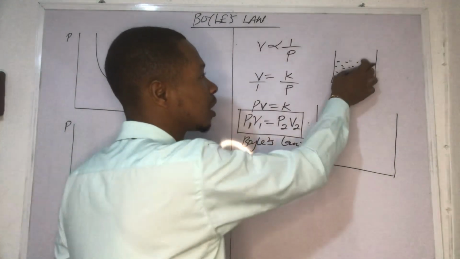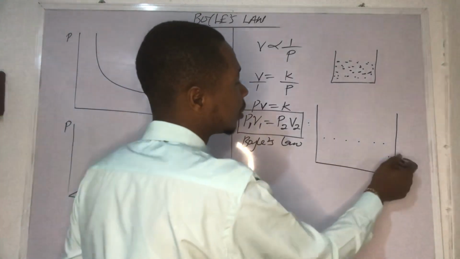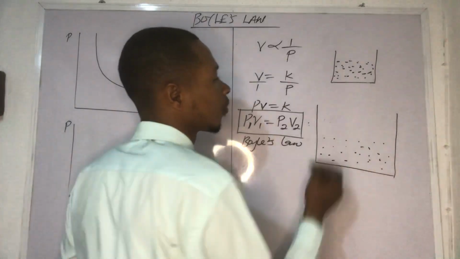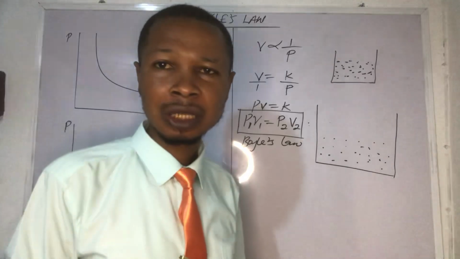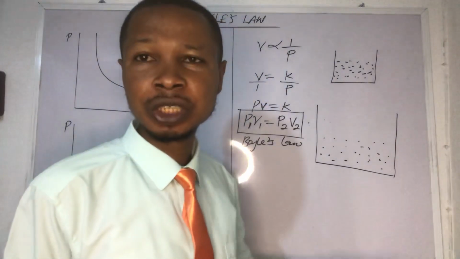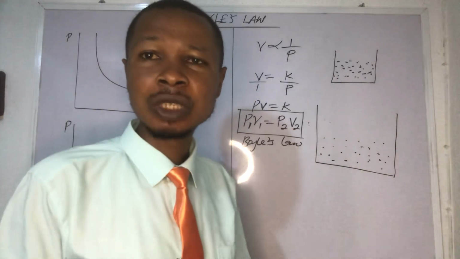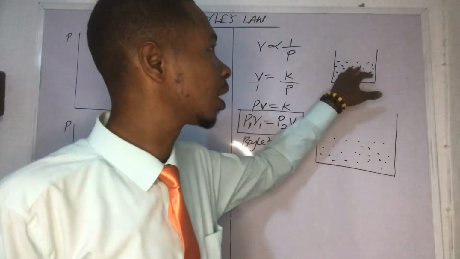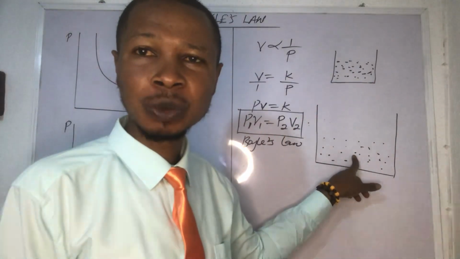If you put the same amount of gas molecules in this larger container, the number of times they will collide with each other and with the wall of the container will reduce. Why? Because there is now larger space between the gas molecules and the wall of the container. The pressure will reduce.